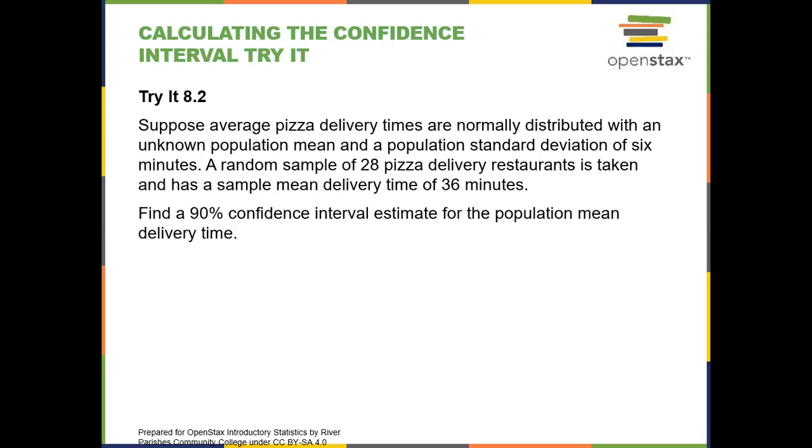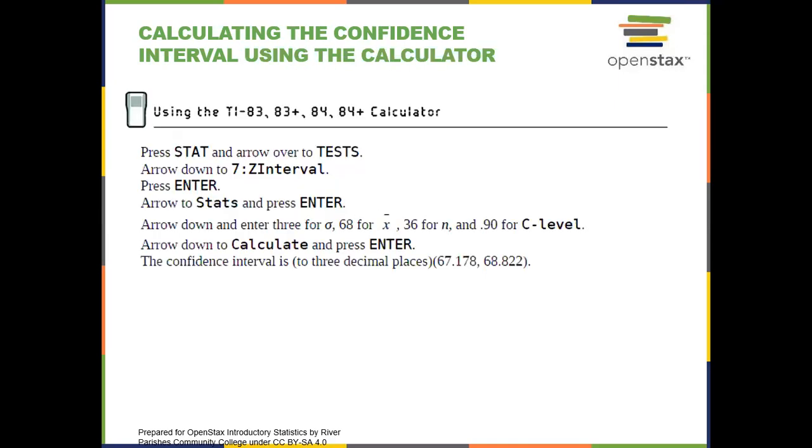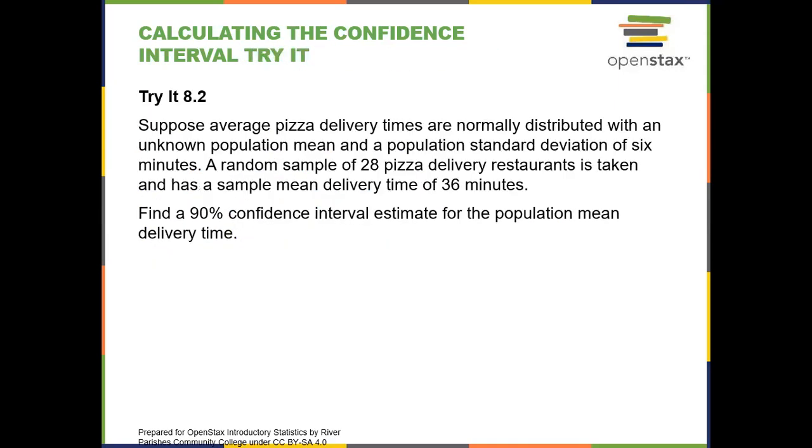Okay, another problem. Random sample of 28 pizza deliveries. Suppose average pizza delivery times are normally distributed. So that means even if the sample size is less than 30, because the pizza delivery times are normally distributed, the mean delivery times will also be normally distributed.